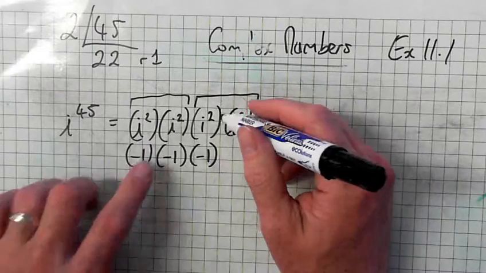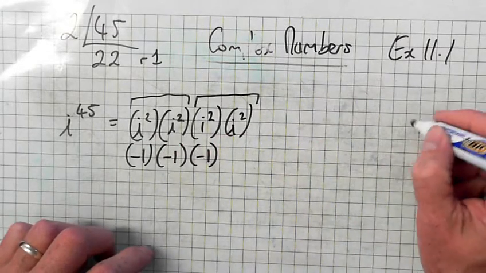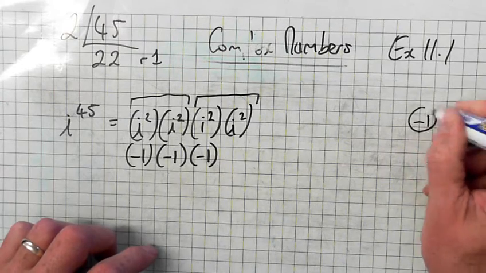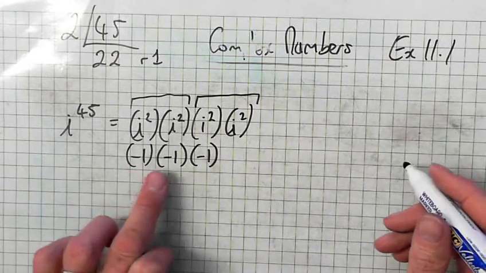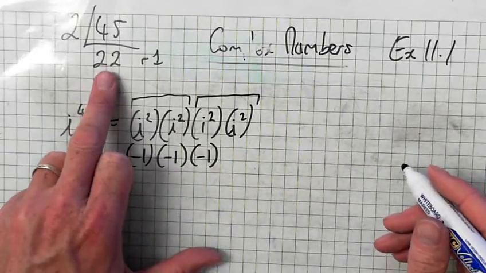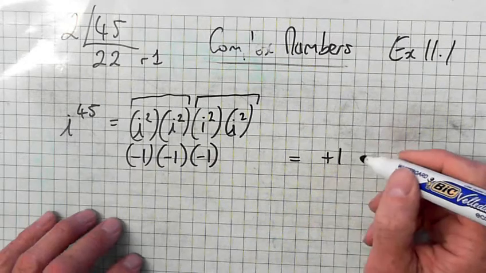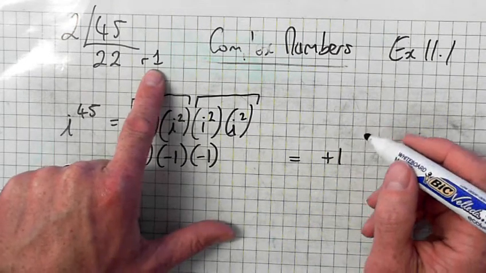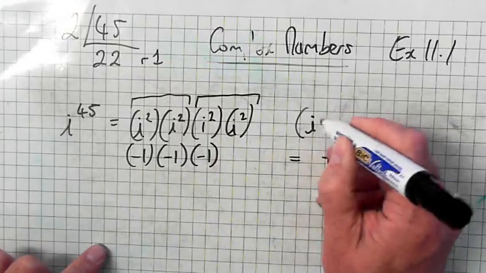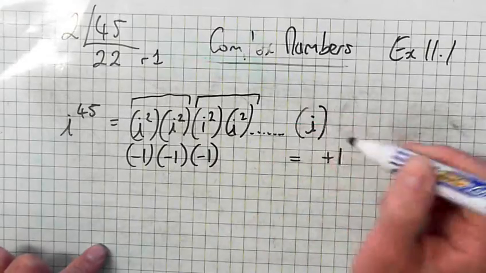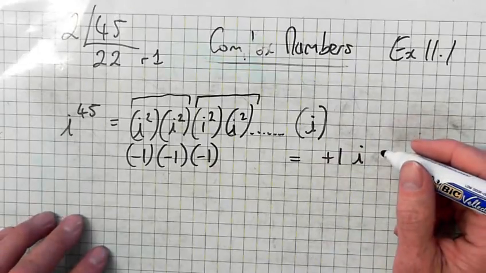If we had 23 i squareds, an odd number of them, we'll end up with a minus 1 when we multiply them all. So we have an even number of i squareds, so we're going to end up with plus 1, and we have a remainder of 1, the remainder at the end, times i. So it's going to be 1i.